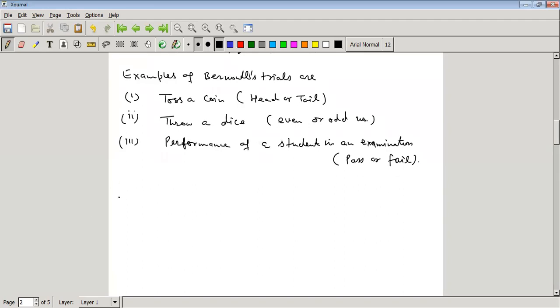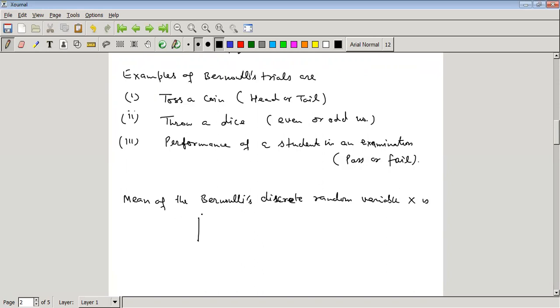So how can we find the mean of the Bernoulli's discrete random variable x?